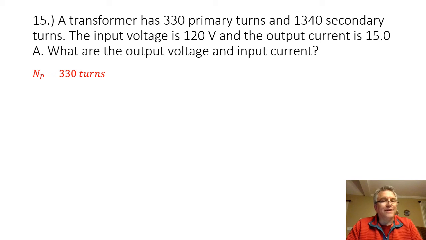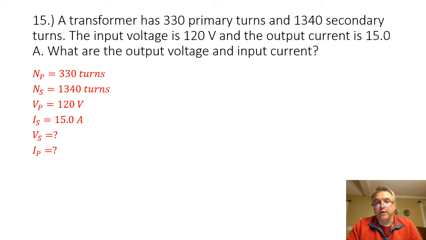The number of turns in the secondary coil is 1,340 turns. My primary voltage is 120 volts. My secondary current is 15.0 amps. I'm being asked to find the secondary voltage, and I'm also being asked to find the primary current.